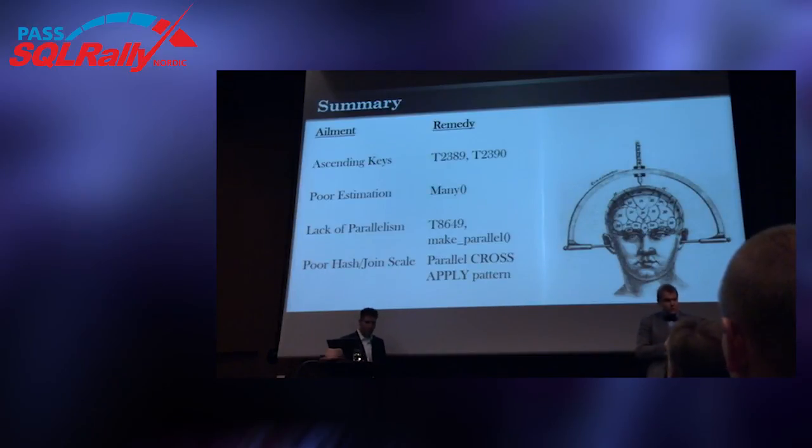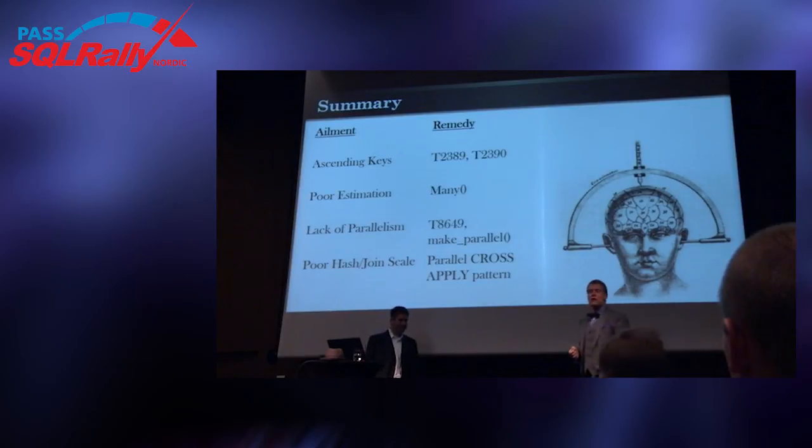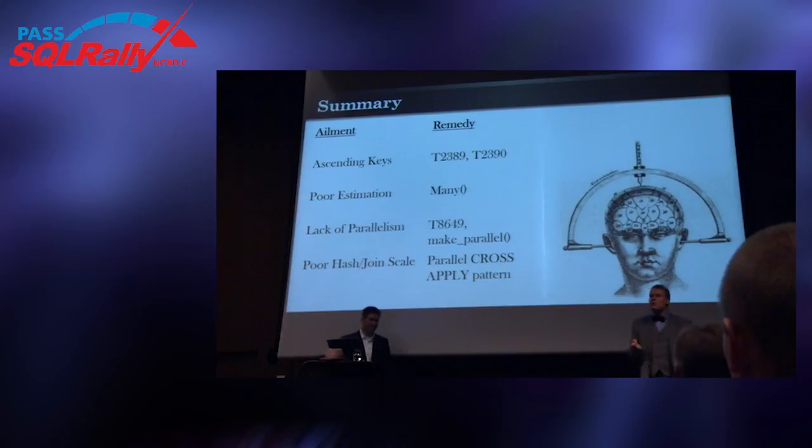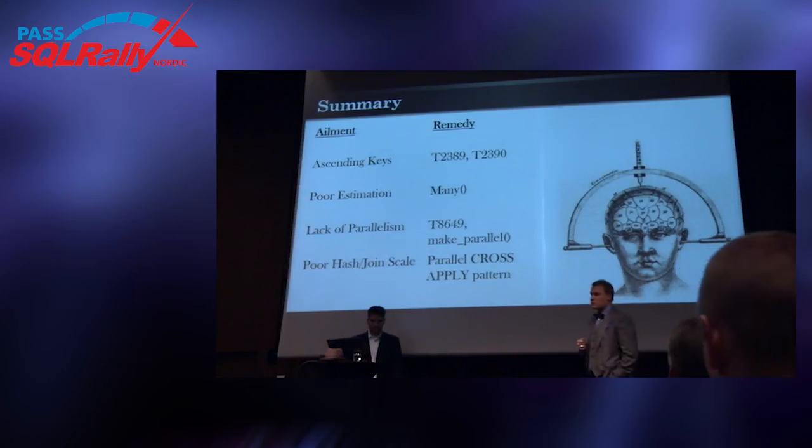All right. Well, I'll let you summarize for us. So just to summarize the tricks you have learned today: the ascending keys, if you are not partitioning your table, can be solved by these two trace flags that can be enabled. If you find yourself having a partitioned table, first of all, file a bug to Microsoft, asking them to fix this problem. And secondly, if you absolutely must, and you want to take the gamble that you're now into unsupported territory, go look at my blog on how to make this work.